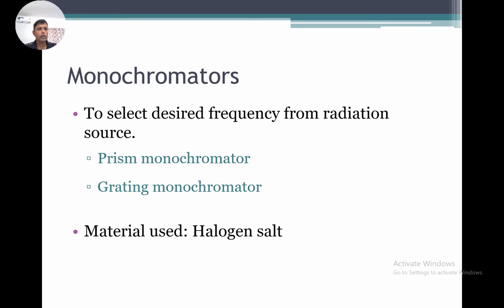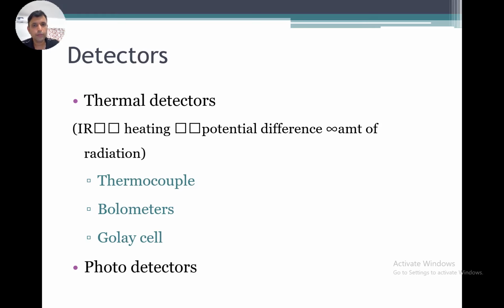Then next one is the detectors. The detectors used in IR spectroscopy include thermal detectors as well as photodetectors. Thermal detectors work on the principle that once IR radiation falls on the detector, it produces some heat.